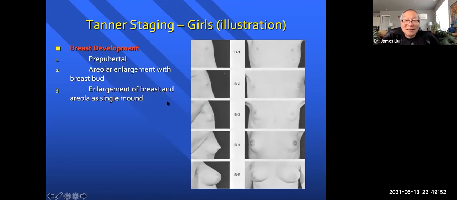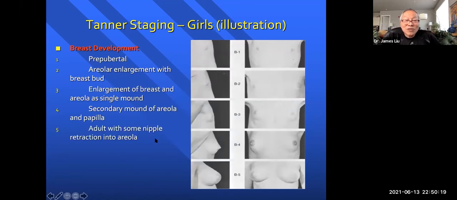This does not mean that the cup size of the breast is the only feature. Obviously, there are individuals that stay at stage 3 with large cup size breasts, and then in stage 4 you begin to see the areola come above the mound and papilla changes in the nipple area, and then there's some retraction of the areola in stage 5.